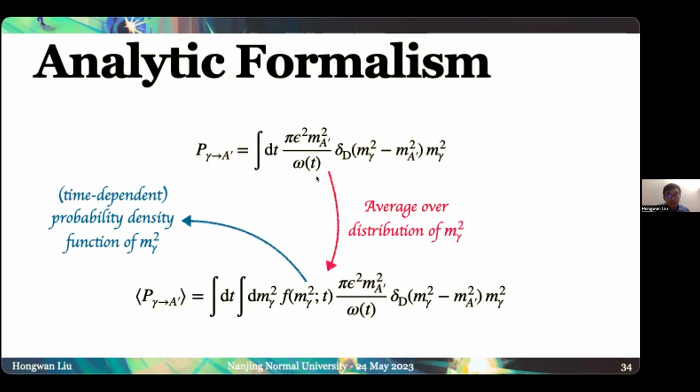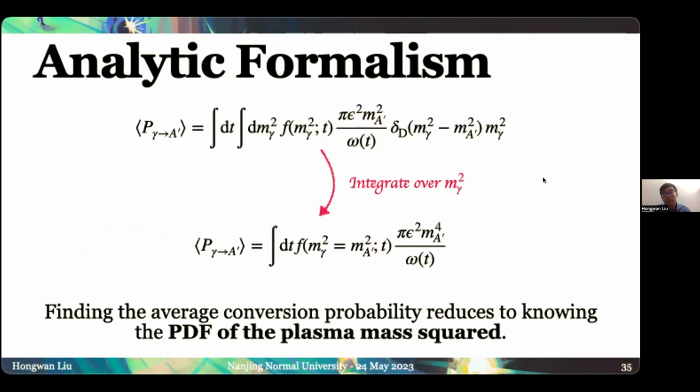So in order to average over the sky, we insert this integral over the probability density function of m_gamma squared as a function of t, and integrate over all possible values of m_gamma squared. But because you have a nice delta function in the expression, you can very easily complete the integral to get the expression you need to evaluate the sky-averaged probability of conversion.